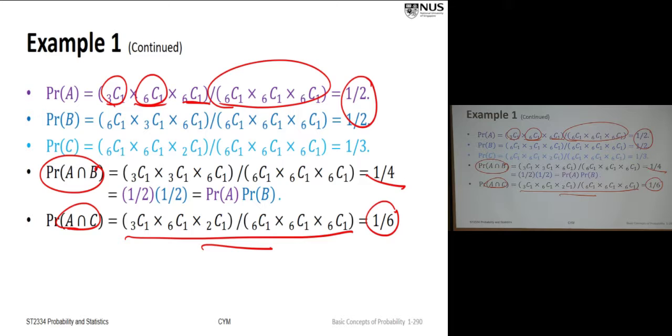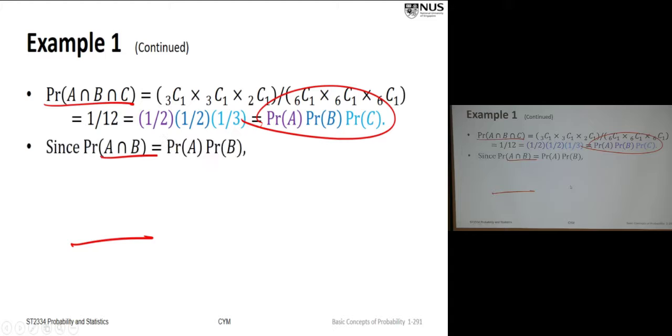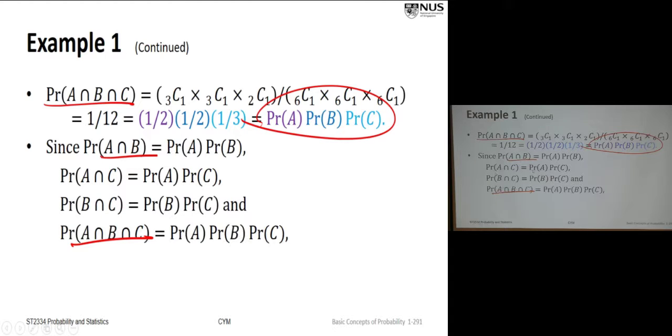We count the number of possible outcomes that favor A, or favor B, or favor A intersect B, and so on. So we show that pairwise, they are independent. Not only that, this one is also independent. Combining all these facts, altogether we have only three events. Any two of them are pairwise independent and also the three of them are independent. So they are mutually independent.